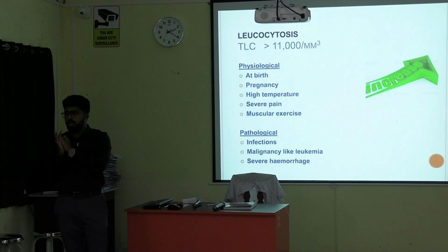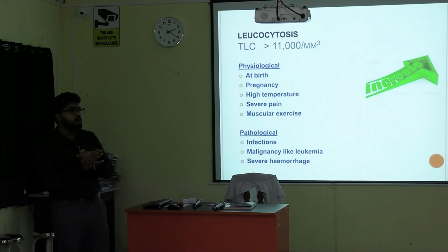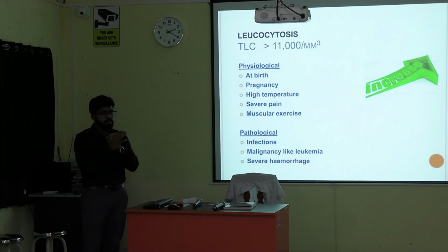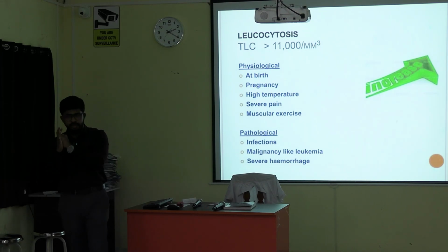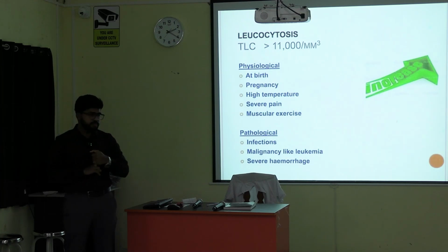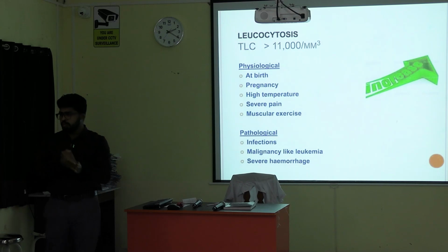There is more and more adrenaline rush into the blood, and also there is an increased amount of a hormone known as cortisol. You know something that is called cortisol. Now due to cortisol and adrenaline, there is increased WBC release into the blood.